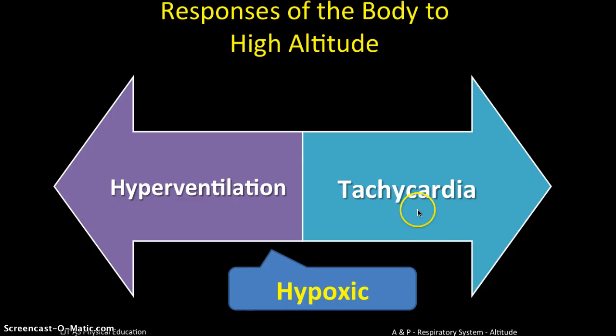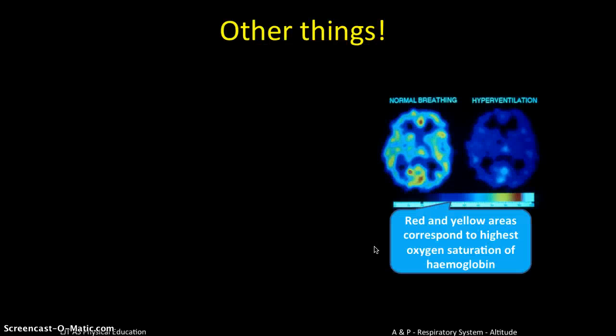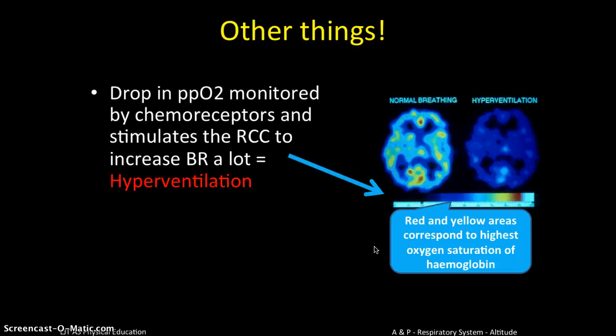The other thing that occurs is tachycardia, and this is an increase in heart rate, so your heart beats faster, both of which are trying to compensate for less oxygen coming in to the body. And if we can circulate blood faster and try to breathe faster, we can perhaps try to get more in. It's obviously not that effective, but it's our body's way of doing that.